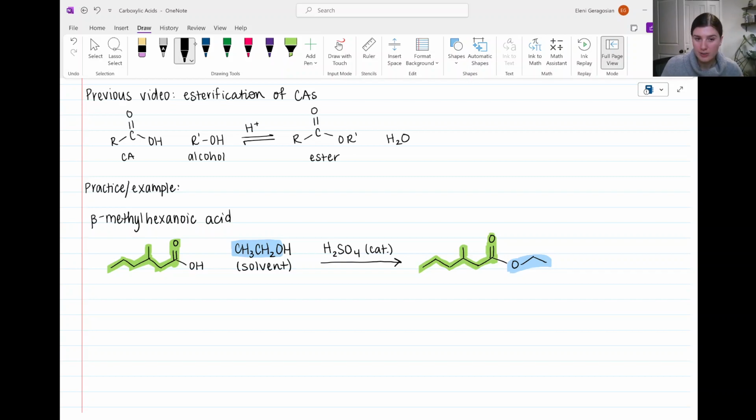Now, this reaction can occur intramolecularly. So if we have a long carbon chain, carboxylic acid on one end, and an alcohol on the other end, that reaction could occur within one molecule. So here's an example.